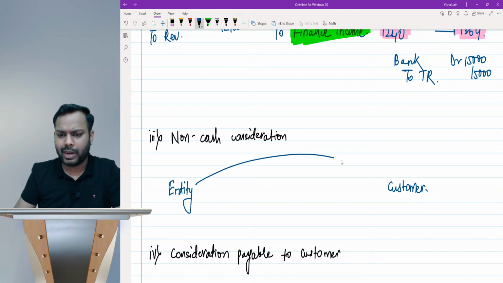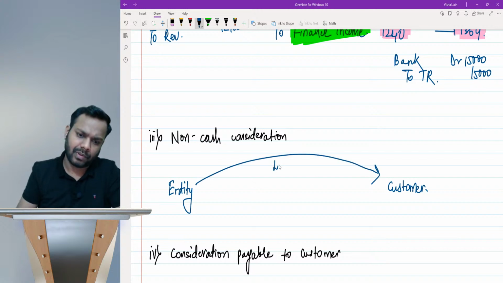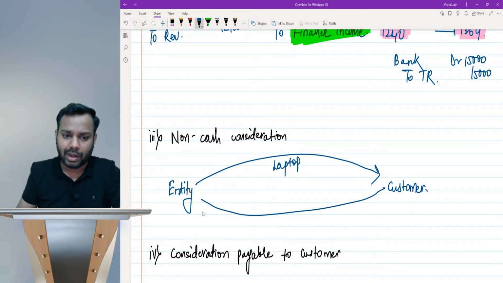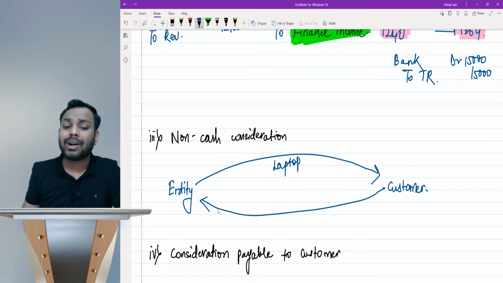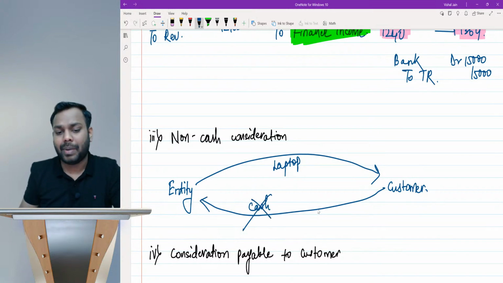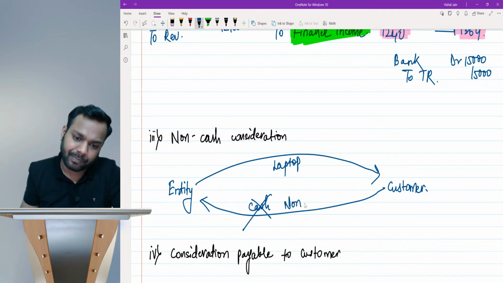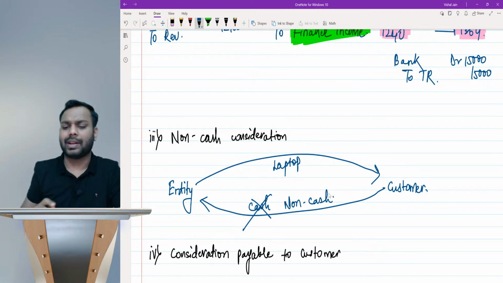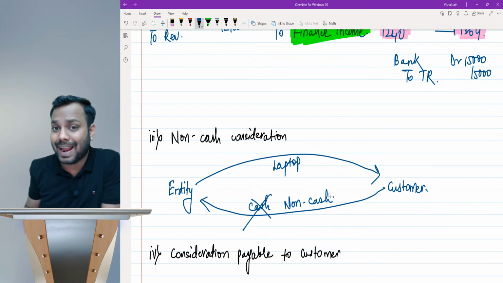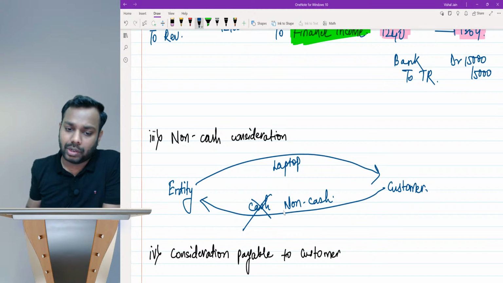Entity sold a laptop to the customer, and the entity received the consideration not in cash, but in non-cash. The question is, how will the entity recognize revenue in that case, right?